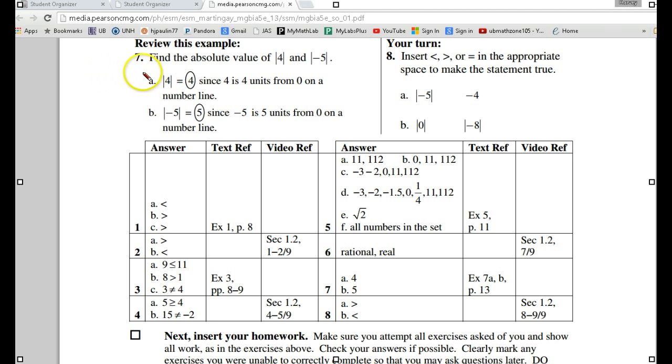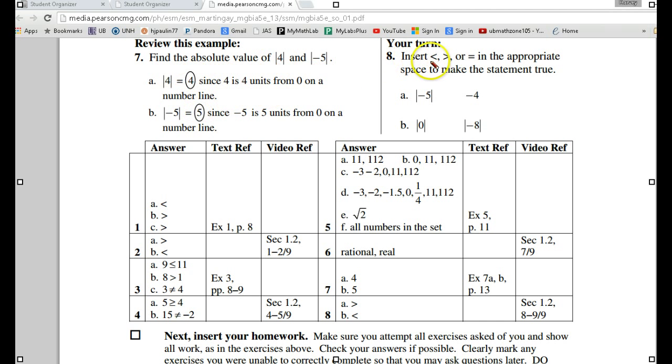So these are going to be positive units that it is from 0. And if it's on the positive side, we just go from 0 to that point. So whatever value is in the absolute value sign, the outcome of it is always positive. So 4 and 5.